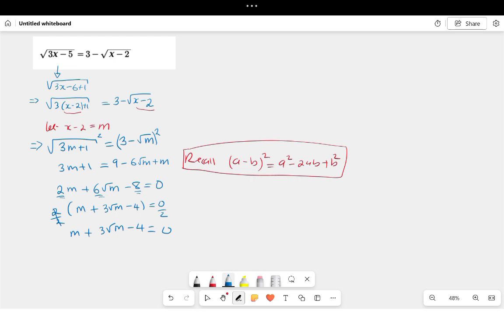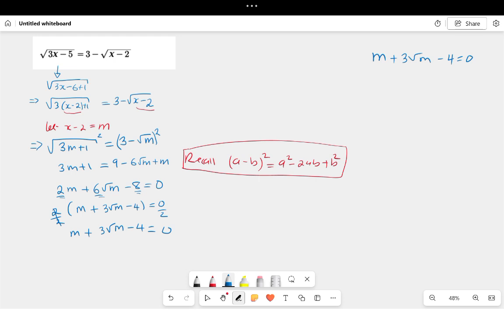Now, clearly, this looks like a quadratic equation, so let's interrogate it further. We have m plus 3 the square root of m minus 4 equals 0.